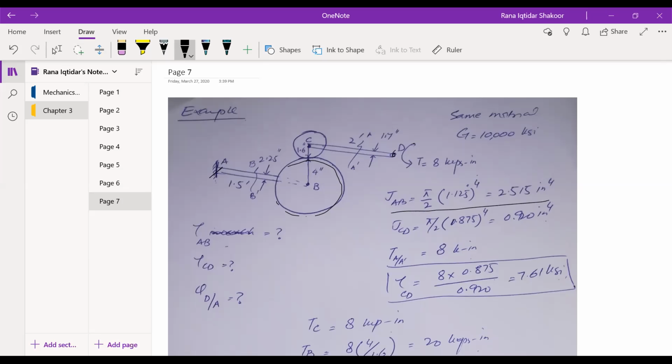And for JCD it is pi by 2, 0.875 raised to the power 4, which is 0.92 inch raised to the power 4. Right, so this is straightforward because these are straight, solid rods, so we have an idea how to calculate the polar moment of inertia for rods AB and CD, right?